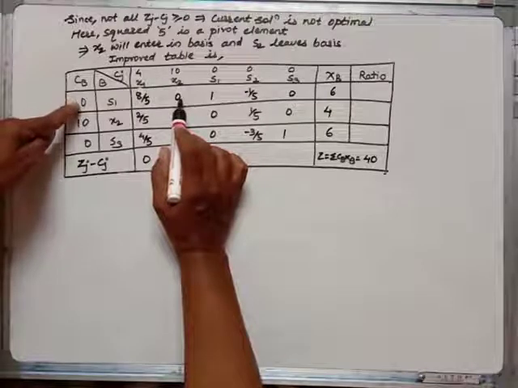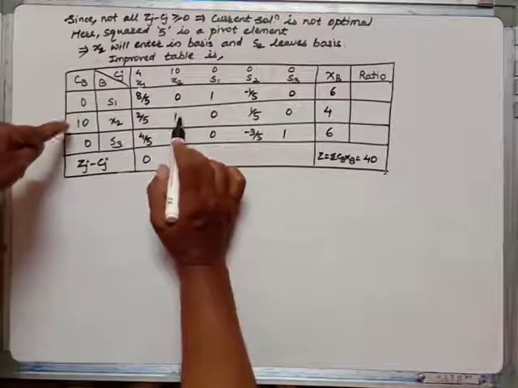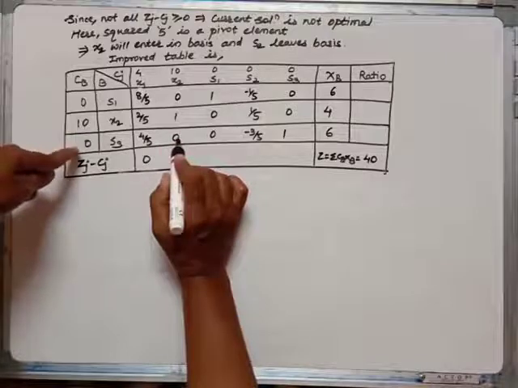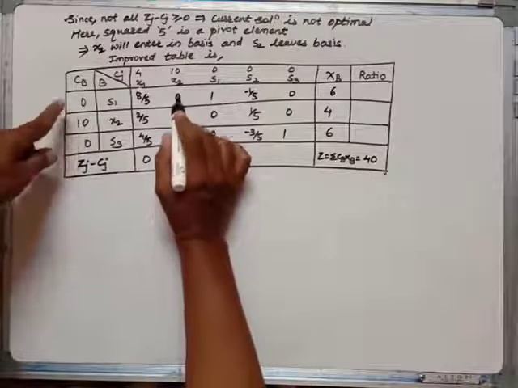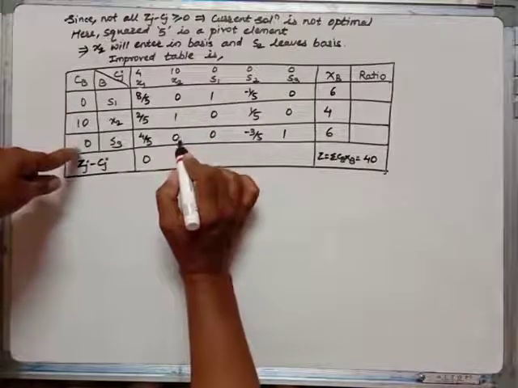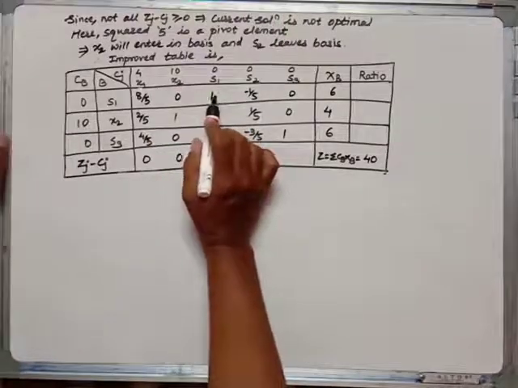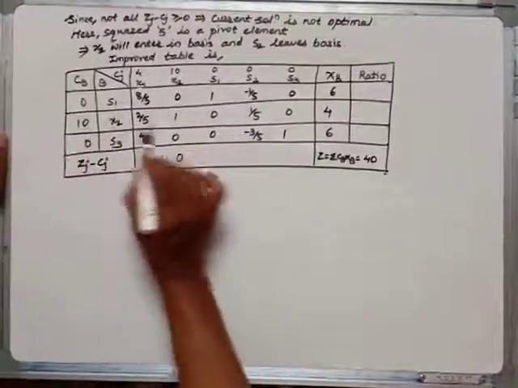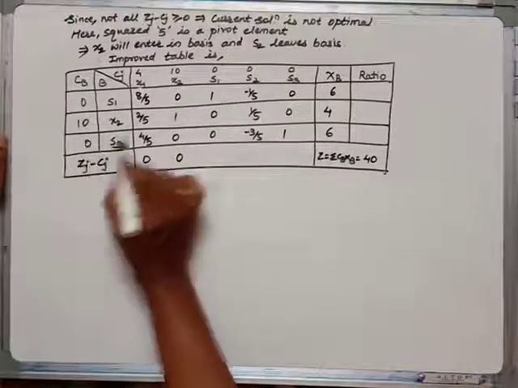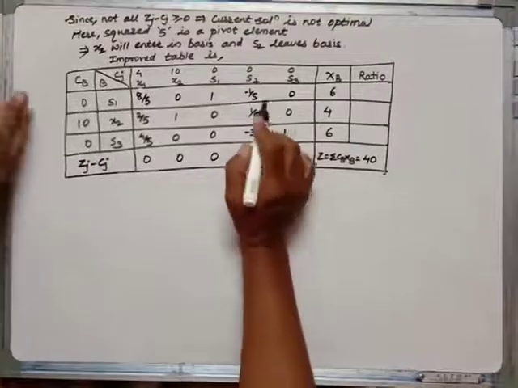Now here, 0 into 0 is 0, 1 into 10 is 10, plus 0 into 0, 0. So addition of them, 0 plus 10 plus 0 is 10, minus 10. So here we get 0. Now 1 into 0, 0 plus 0 into 10, 0 plus 0 into 10, 0 minus 0. So we get 0.